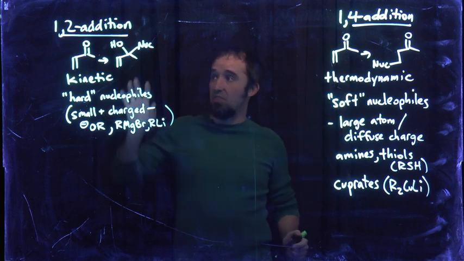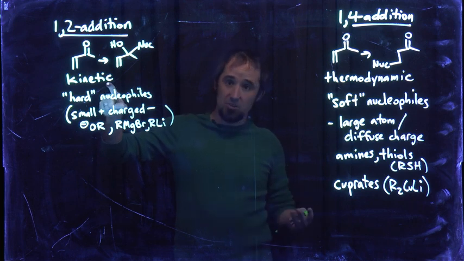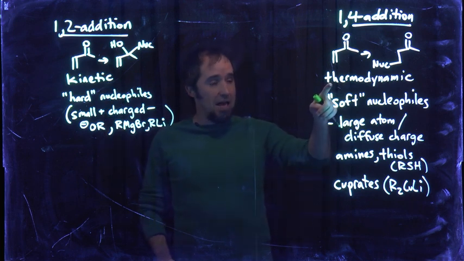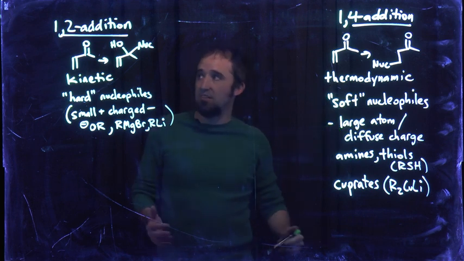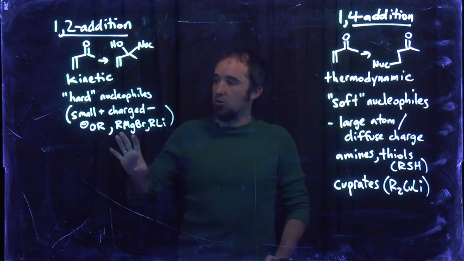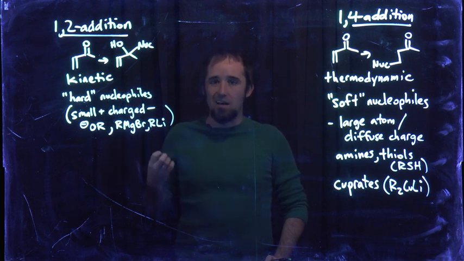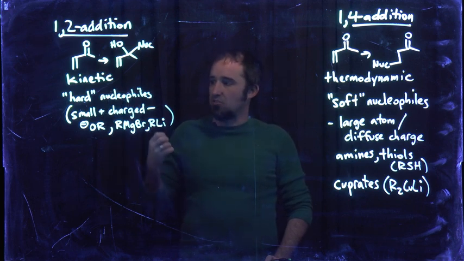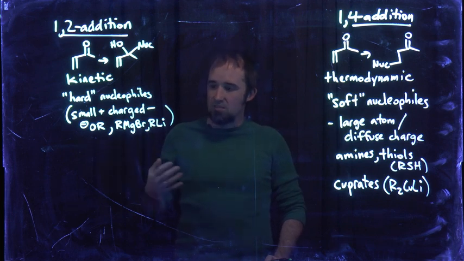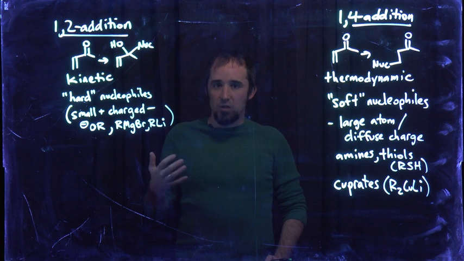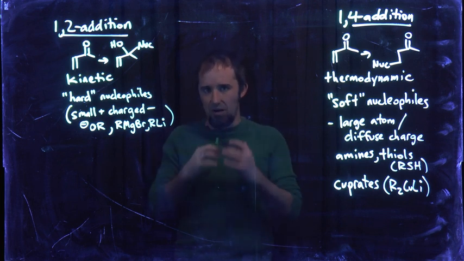We just mentioned how 1,2 is usually the kinetic product, so faster, maybe reversible though, whereas 1,4 is the thermodynamic product, slower but less reversible.